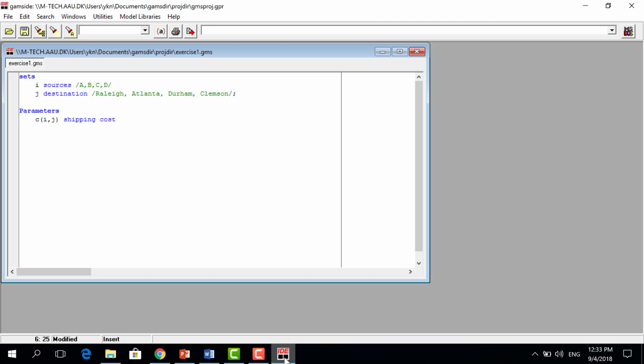Shipping cost, yes, from I to J. And we can compose our tables here for Raleigh, Atlanta, Durham, and Clemson.